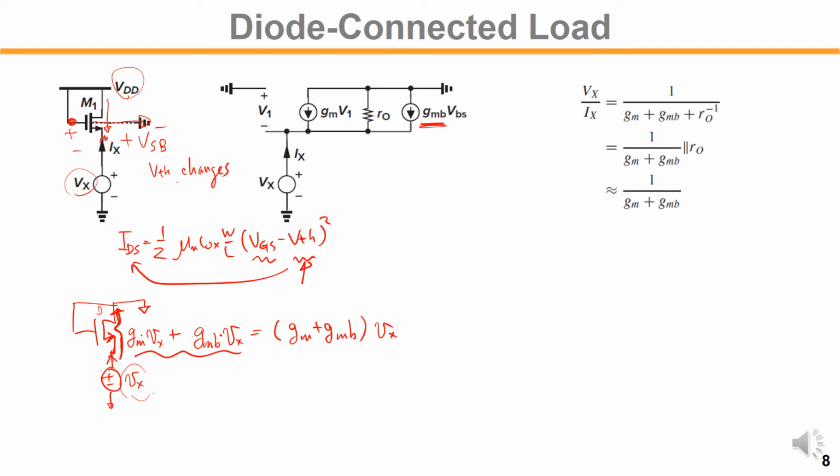This is Ix, that is I equal to Ix. So the equivalent resistance looking into the source node will be 1 over Gm plus Gmb. If you consider the RO, output resistance, you can make it in parallel with the RO like this.